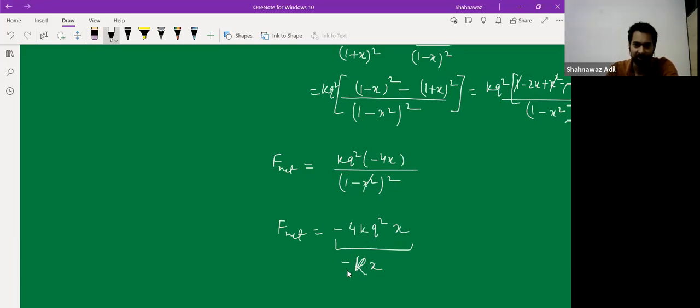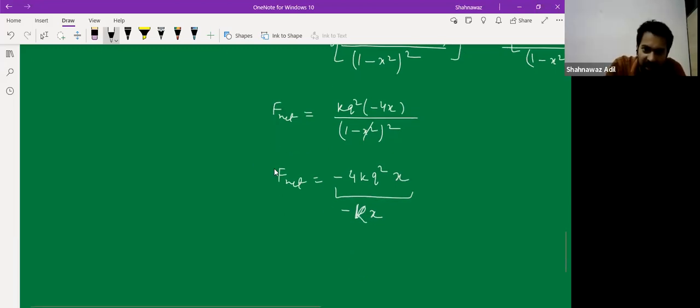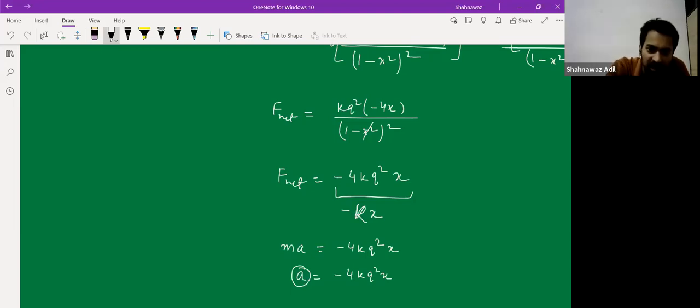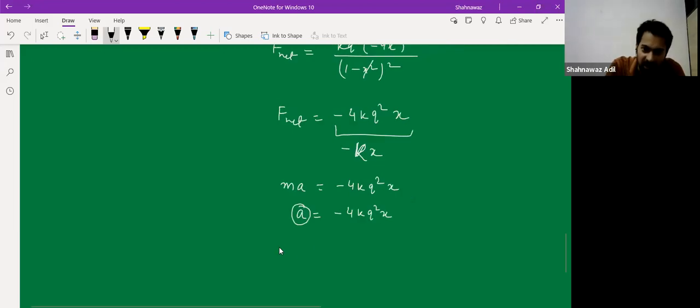Then we can write F net as ma, and this is minus 4kq squared x. So a is minus 4kq squared x over m, and this is looking like simple harmonic motion, so we can write a as minus omega squared x.